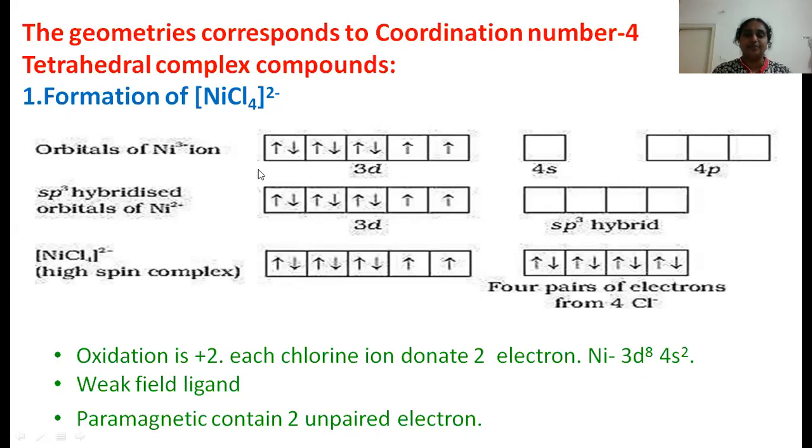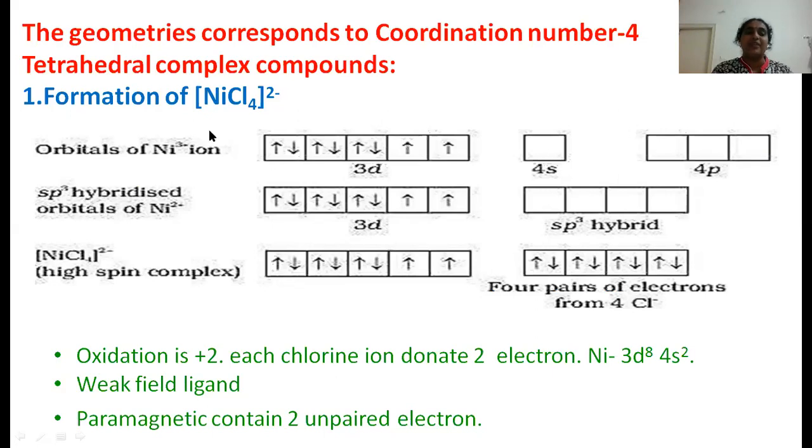This is the electronic configuration of the nickel +2 ion. In 3d8, the total d orbitals are 5, and 8 electrons are present, whereas the s orbital has 0 electrons because nickel exists as nickel +2. Here are the 4s orbital and the 4p3 orbitals, which are vacant.